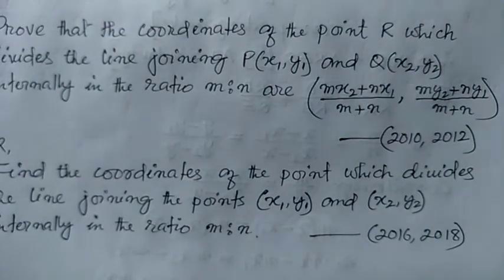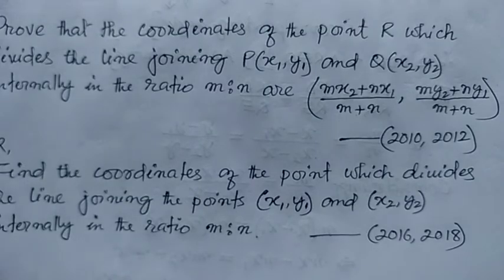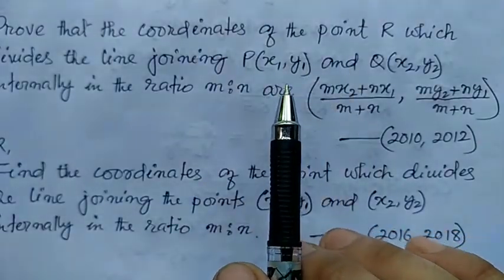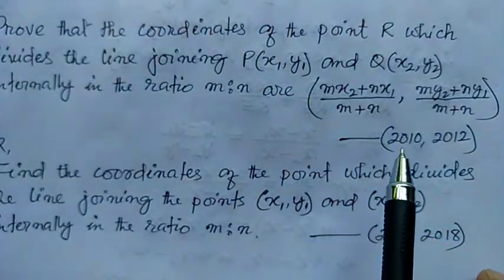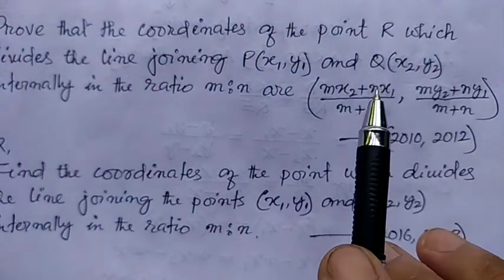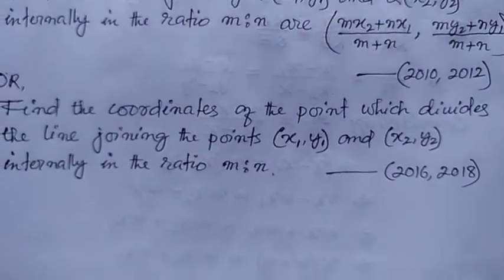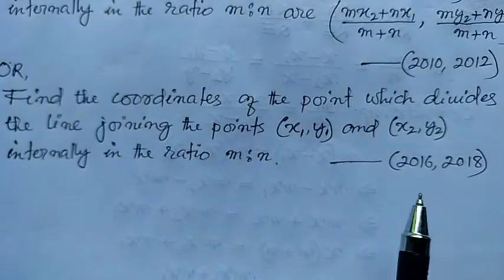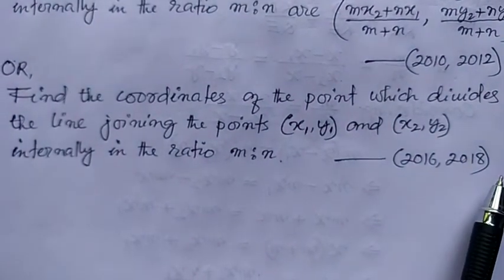So this question is simply asking to derive the section formula, and this exact question was asked twice, in 2010 and 2012. The same question was also asked in a different way in 2016 and 2018.